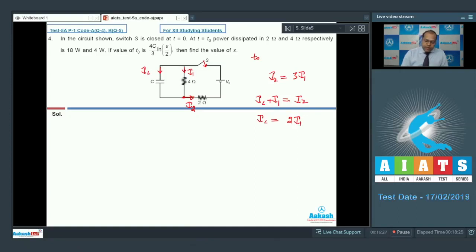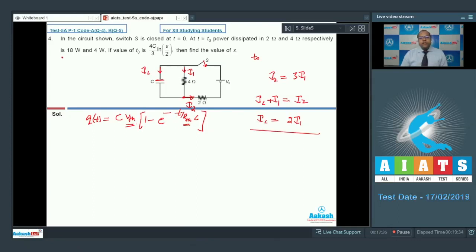At this moment, if I calculate the charge on the plate of the capacitor, I can write that at any time t, Q as a function of time t can be written as C into V Thevenin into 1 minus e raised to the power minus t by R Thevenin into C. By applying Thevenin's theorem, we can find the value of V Thevenin and R Thevenin in the case of an RC circuit.